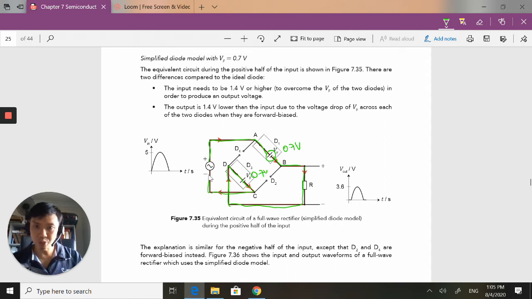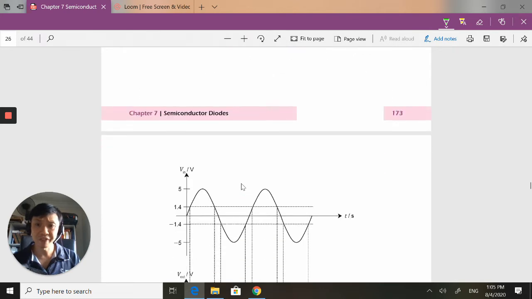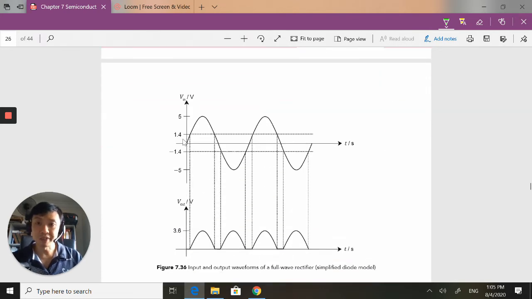So in one pass alone, it needs to go through 0.7, another 0.7. Therefore, it's not just 0.7 that we have to take note of here. This circuit will only work if there is a minimum of 1.4 volts, because it goes through two simplified diodes.